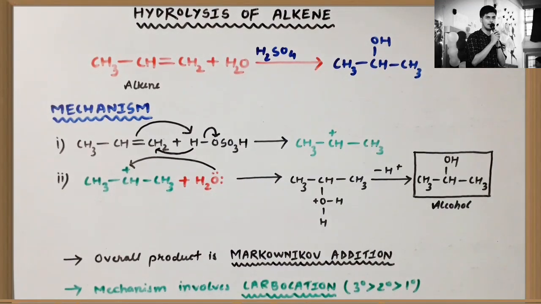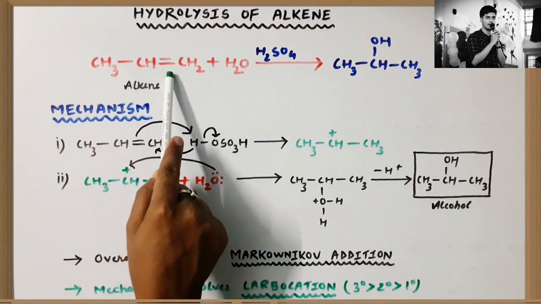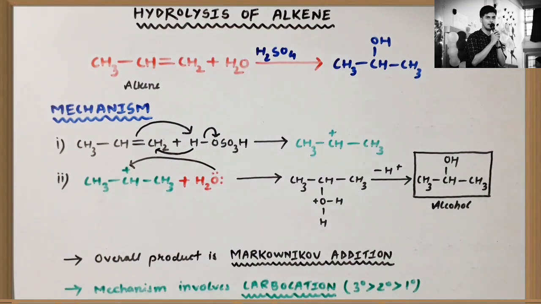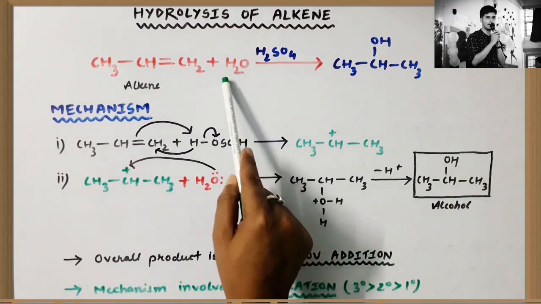Markovnikov addition is basically the addition into an unsymmetrical alkene. Here you can see this is an alkene and both sides of the double bond are not equivalent, so this is an unsymmetrical alkene, and in case of unsymmetrical alkene, Markovnikov addition is followed. Overall it is like H and OH.